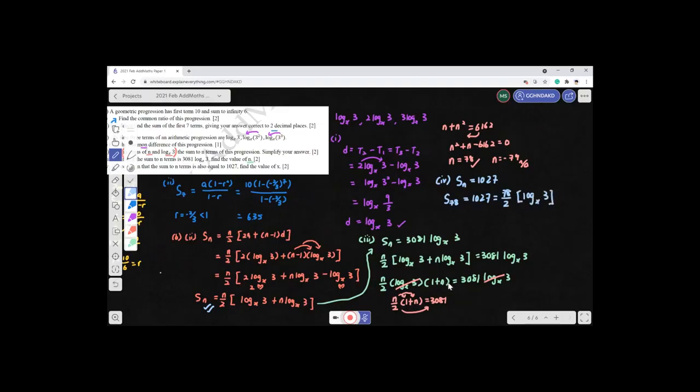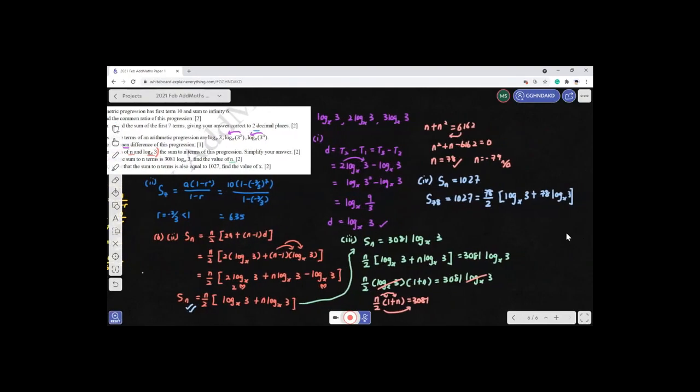Or you can just copy it down like normal: log x3 plus n, which is 78 log x3.